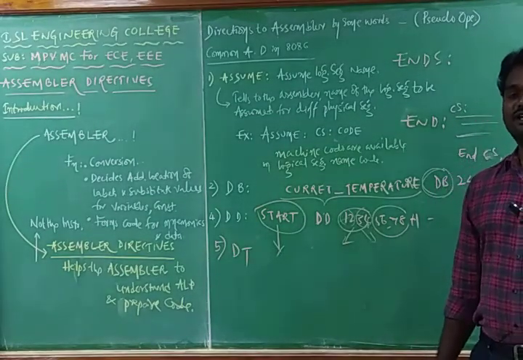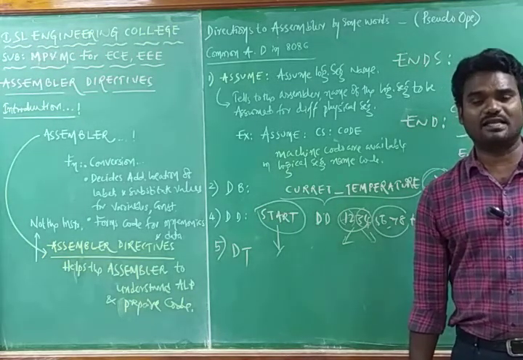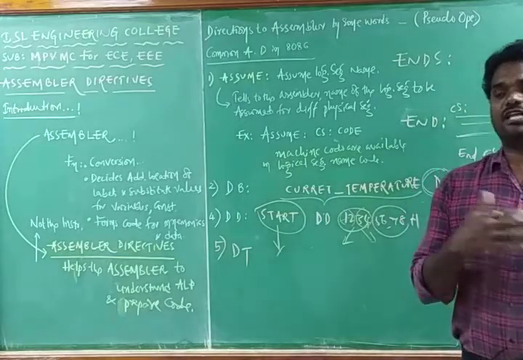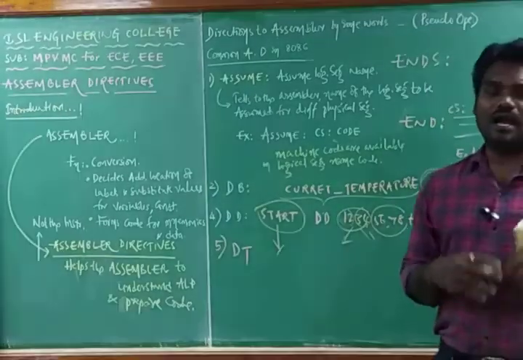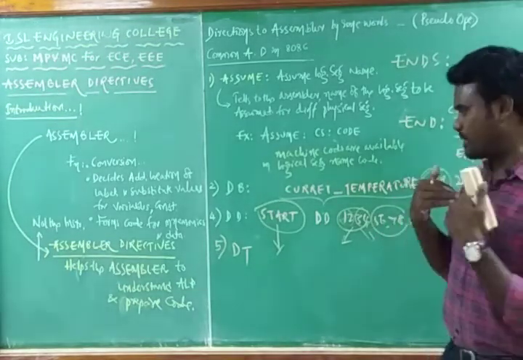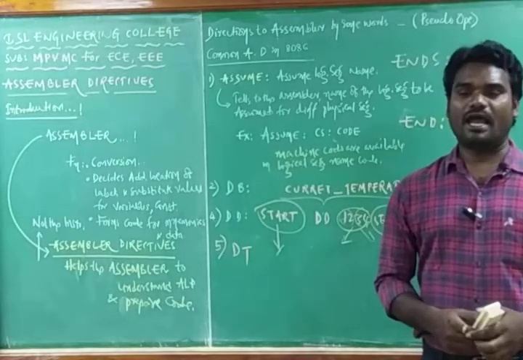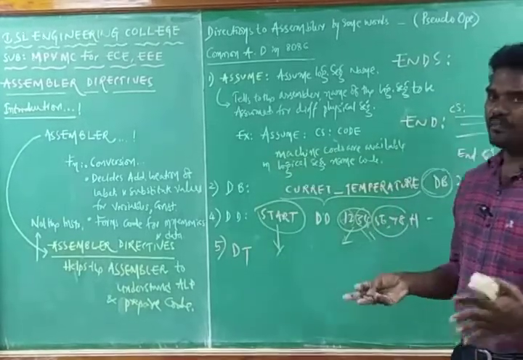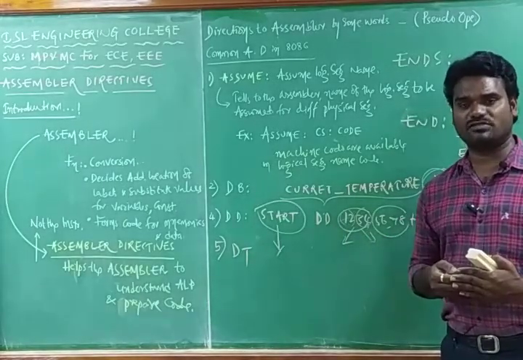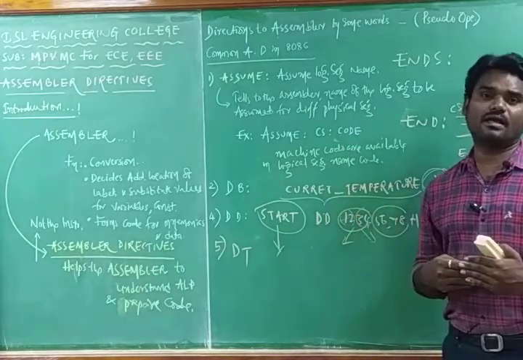So here we have discussed some commonly used assembler directives in the 8086 microprocessor. The assembler directives are short forms of English words, and these are not instructions of the 8086 microprocessor. They tell the assembler to understand the assembly language program and to prepare the proper code for it. In the 8086 microprocessor we have a larger number of assembler directives, but we are discussing the commonly used ones.